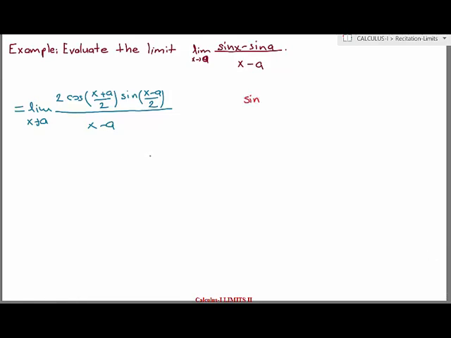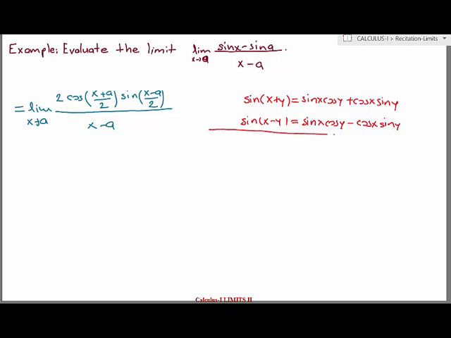We know that sine of x plus y is equal to sine x times cosine y plus cosine x times sine y. For x minus y, sine of x minus y is equal to sine x times cosine y minus cosine x times sine y.